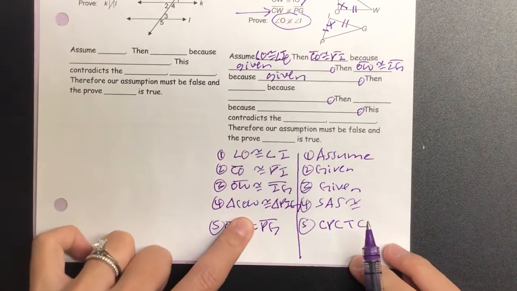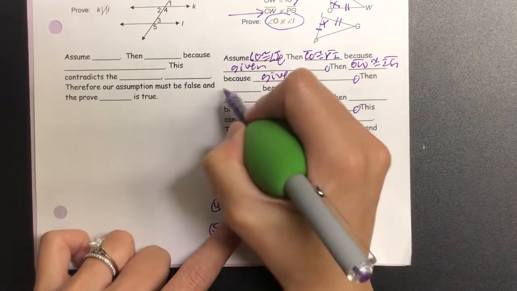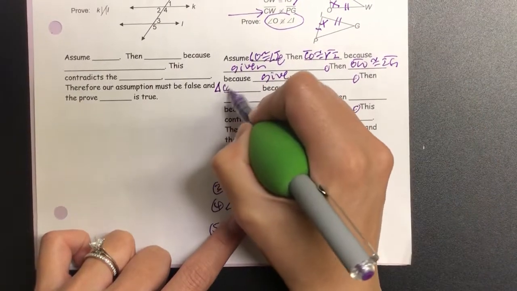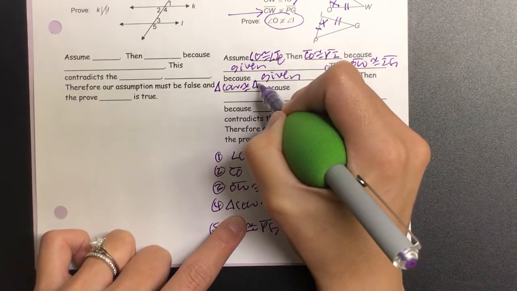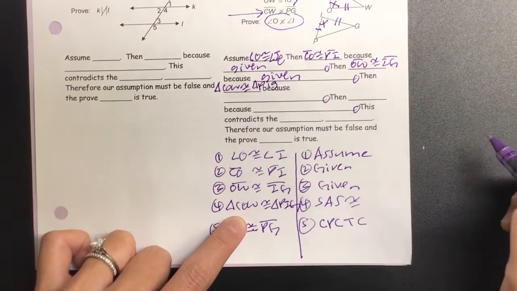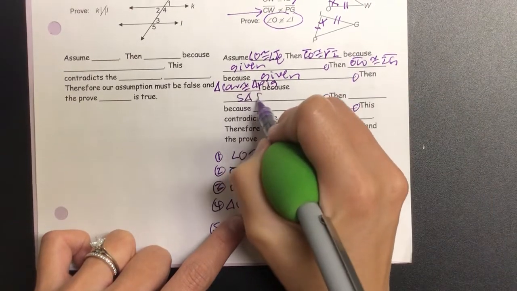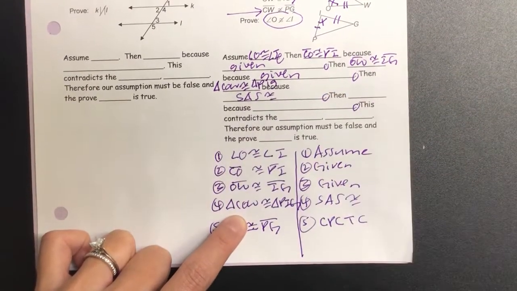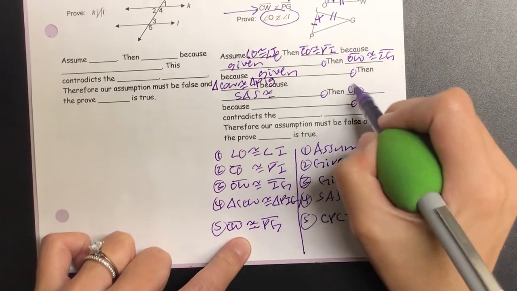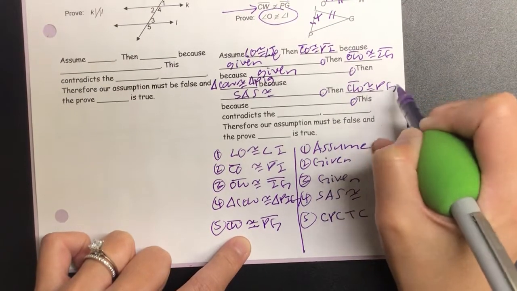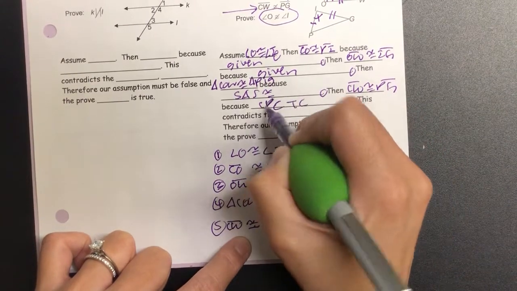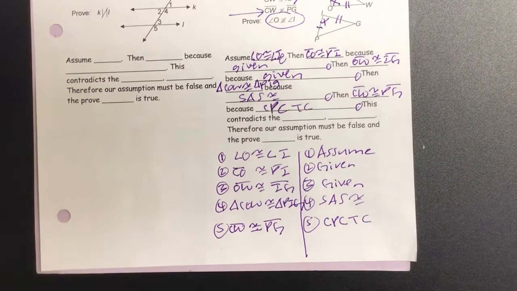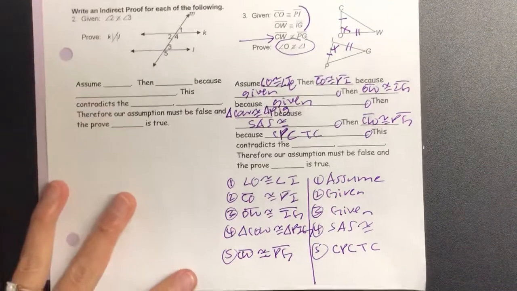And then my 4th sentence says, then I knew the triangles are congruent: triangle COW is congruent to triangle PIG by side angle side. So then we knew CW is congruent to PG by CPCTC. Tongue twister.